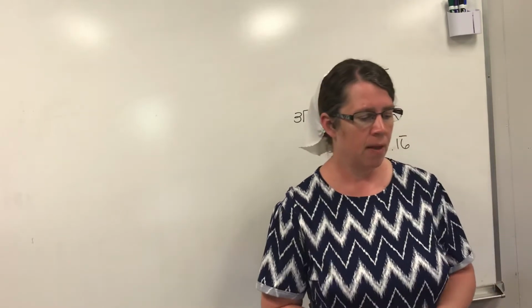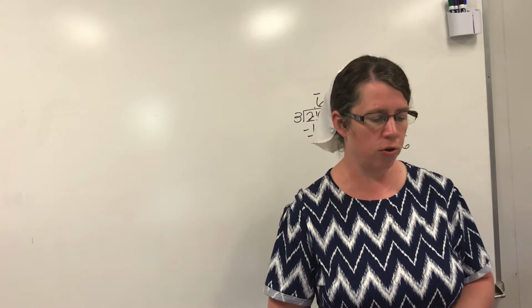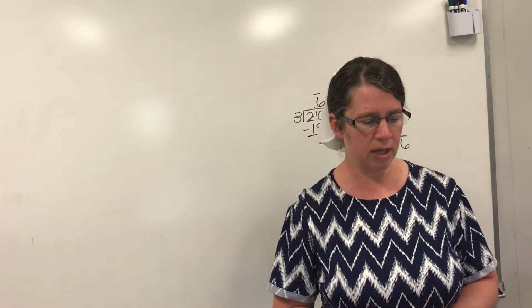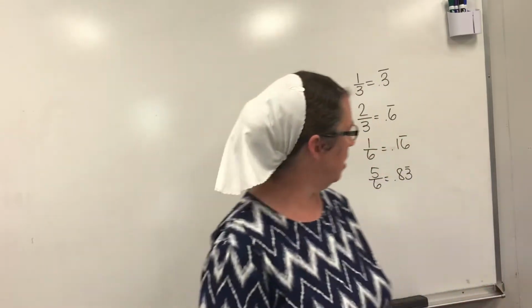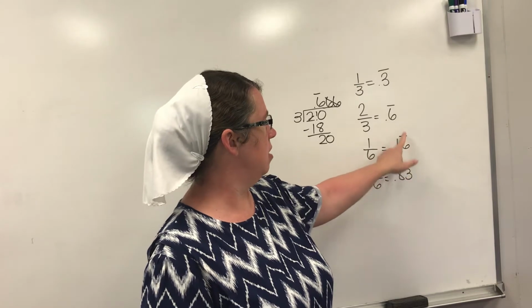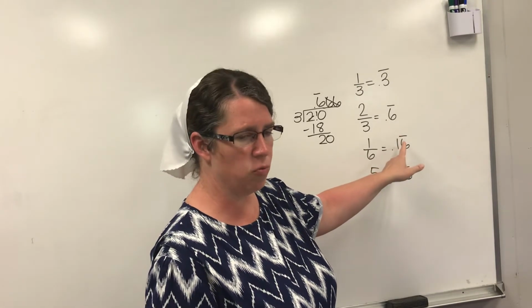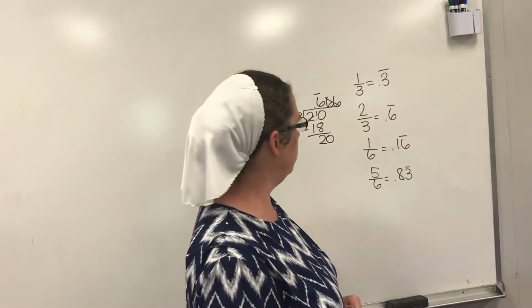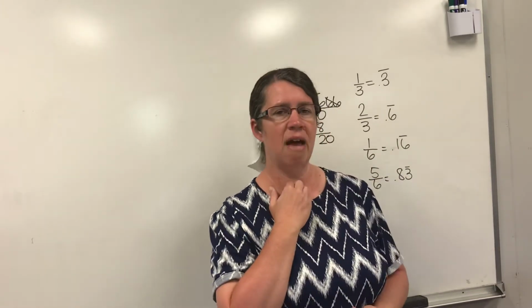The decimal equivalent for 2/3, 0.6 repeating. The decimal equivalent for 1/6, 0.16. Only the 6 is repeating, not the 1. Just put the bar over the 6. 3/4 is 0.75.